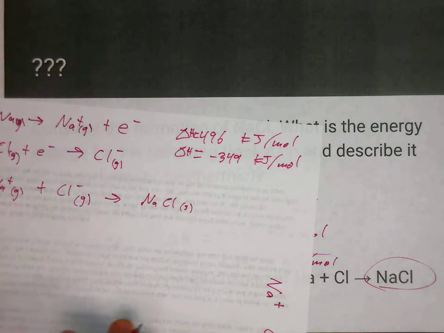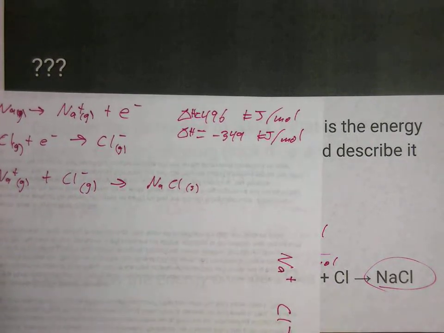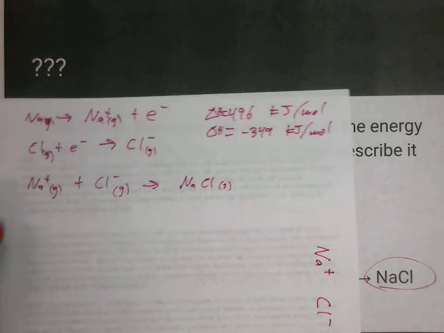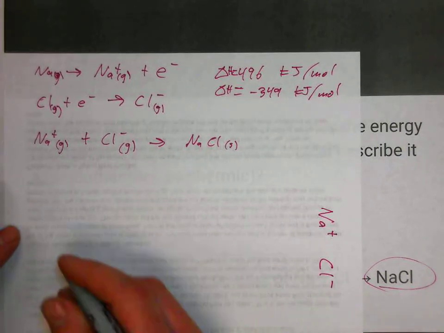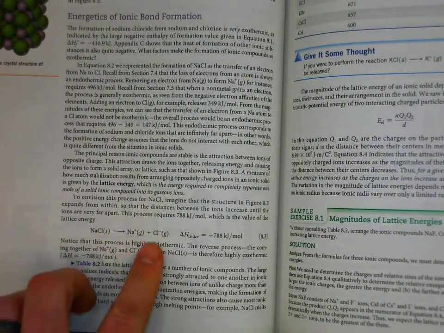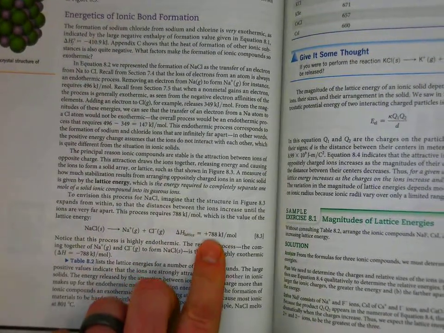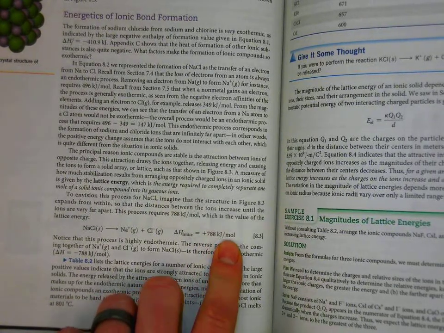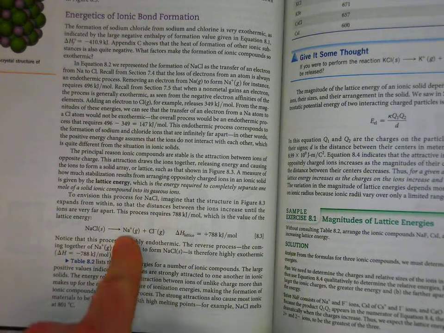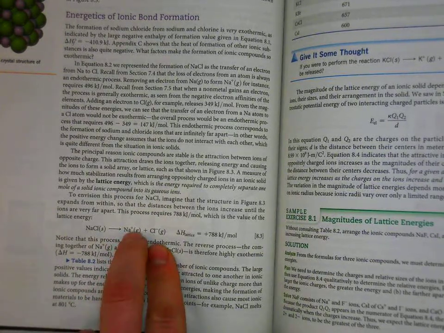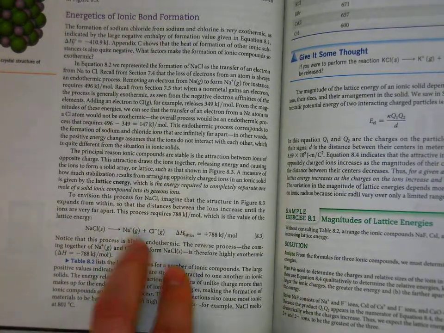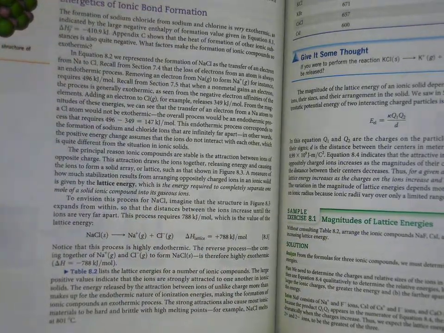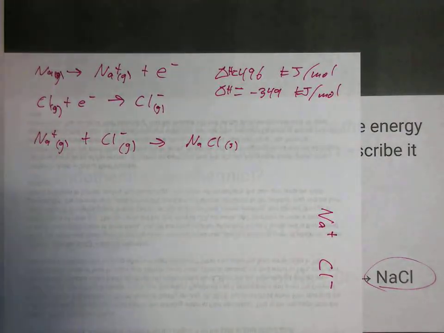The lattice energy value for this is right here. So the value it takes to separate is positive 788 kilojoules per mole. If we reverse the process and show the energy involved to put together the sodium and chloride, it'd be negative 788 kilojoules per mole.